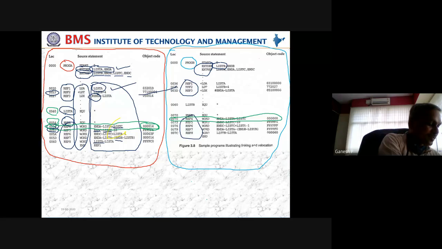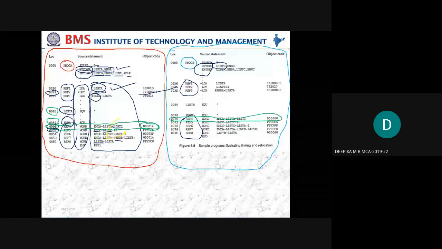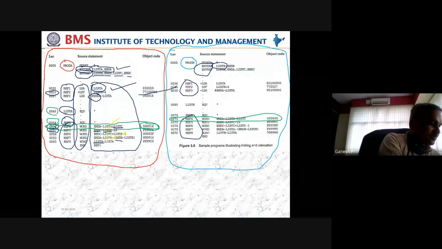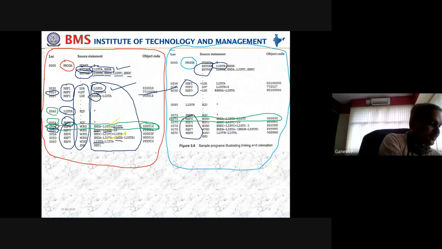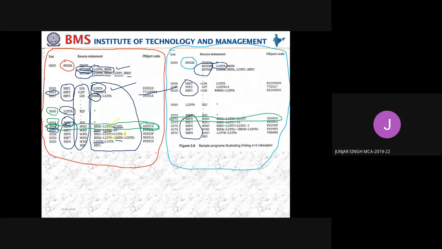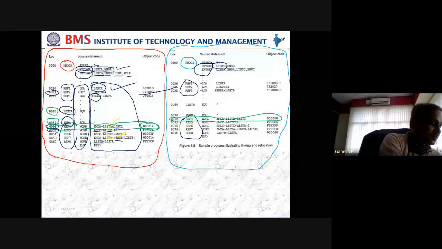Chatterjee? Deepika LG? Present, sir. Deepika MB? Present, sir. Guriya Kumari? Present, sir. Sir, Murali Krishna. Junjar Singh? Present, sir. Kavya? Present, sir. Kishore?